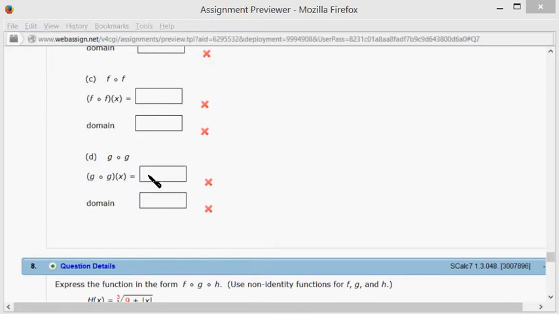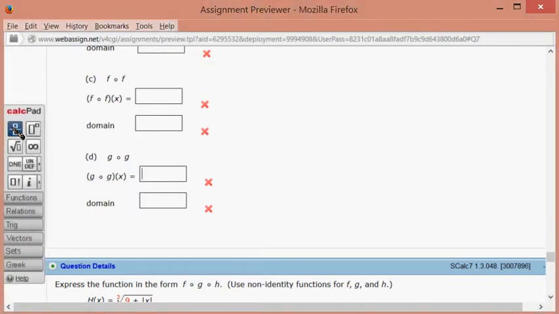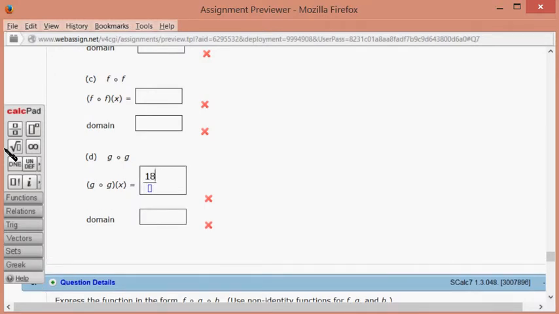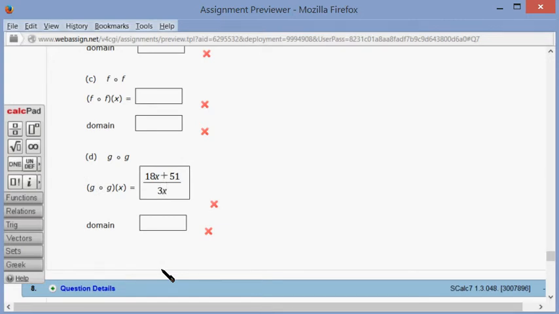The answer we found was the fraction 18x plus 51 over 3x plus 21.